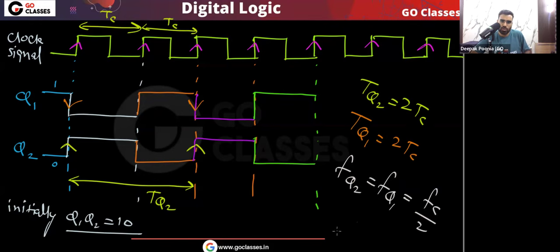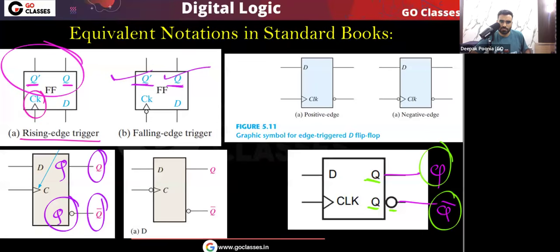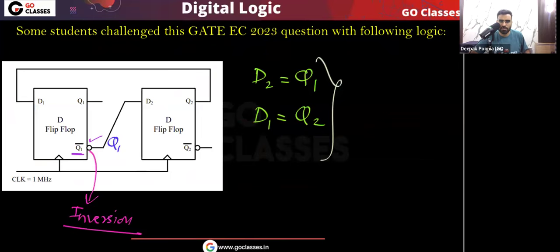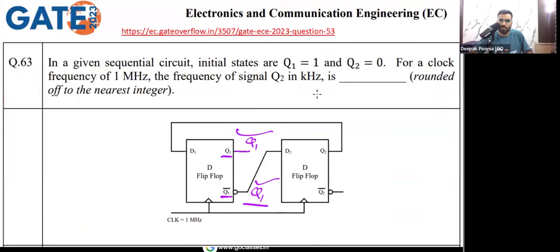Okay, means half. So the question was saying that the clock frequency is 1 megahertz. If I do half, then what will be the frequency? 1 megahertz means 10 power 6 hertz.